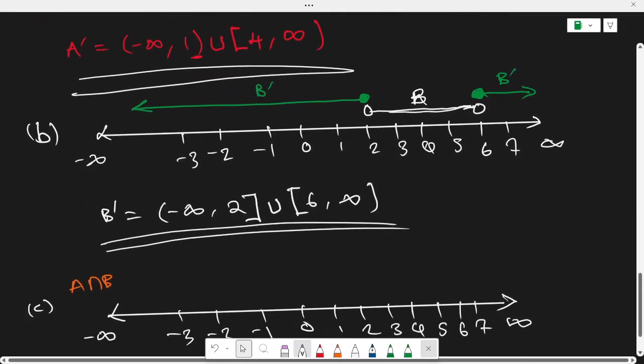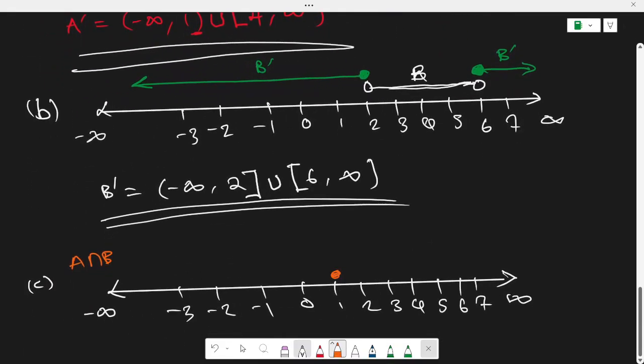And the A on the number line is going to look like this. So this is A, and again we have to present B on the number line.